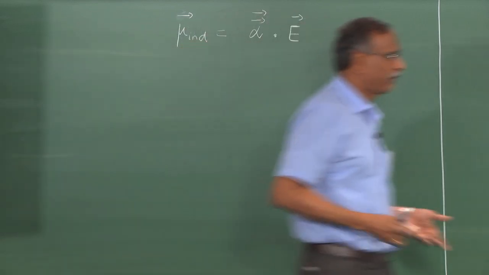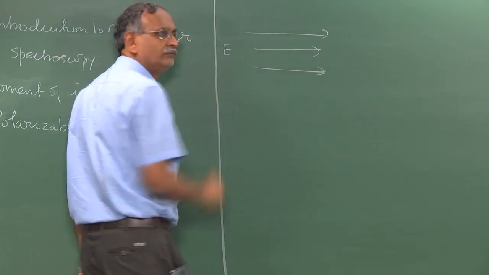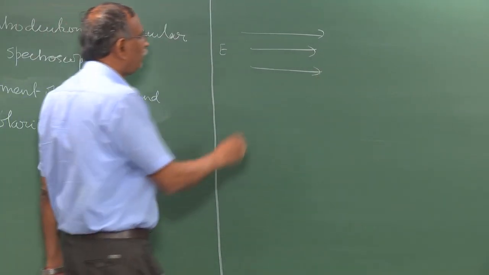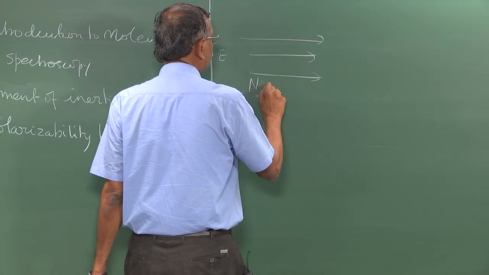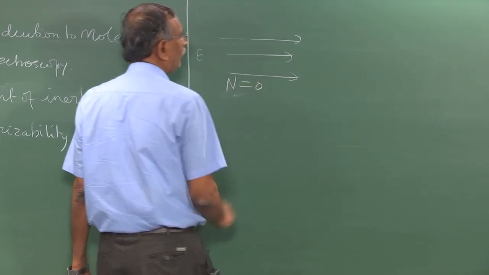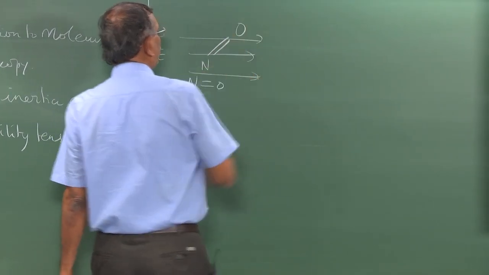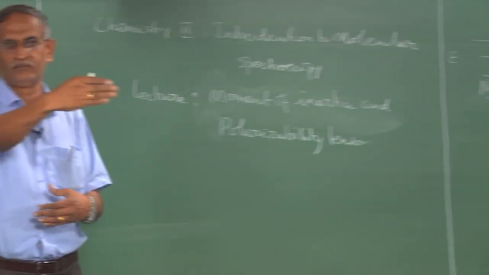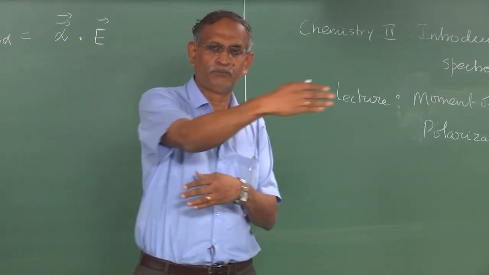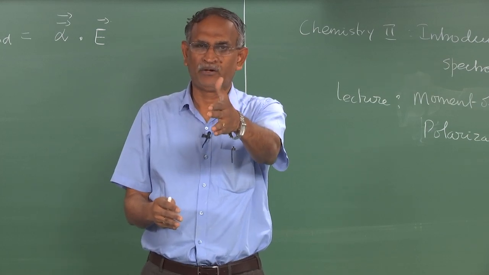What exactly is this picture? Suppose you have electric fields in this direction and you have a molecule, for example say NO. Let us consider NO to be in a perpendicular direction to the field.